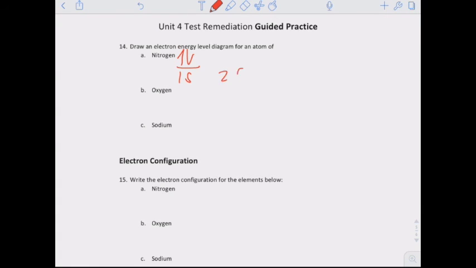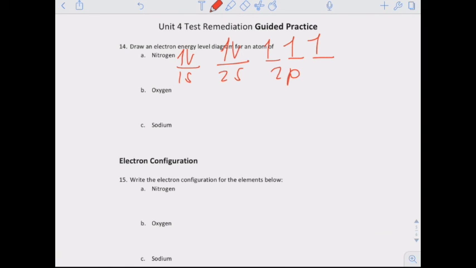And then 2s, which again, s has 1 suborbital, it can hold 2. And then 2p, which has 3 suborbitals. We only have 3 electrons left, and so therefore each suborbital gets 1.